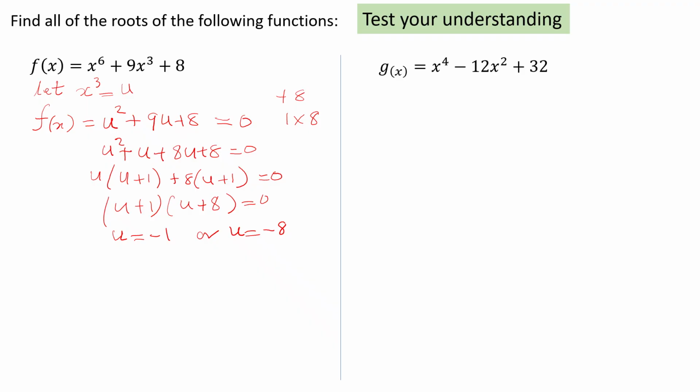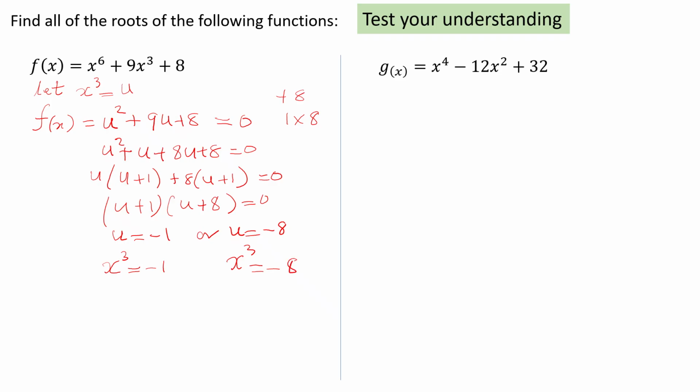Now go back to the substitution, okay? So my u is x cubed. So x cubed equals minus 1, and x cubed equals minus 8.